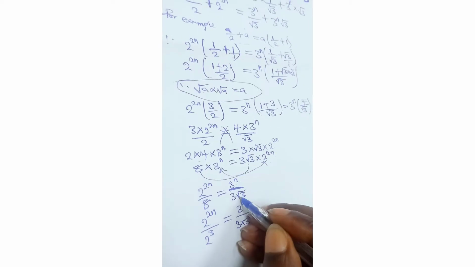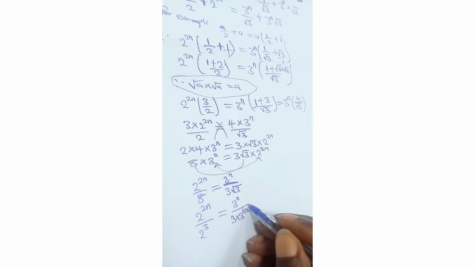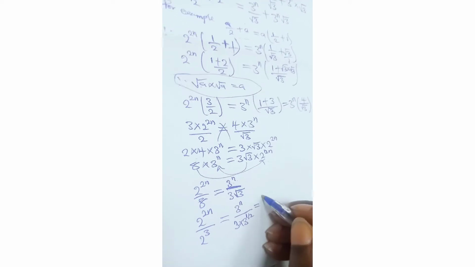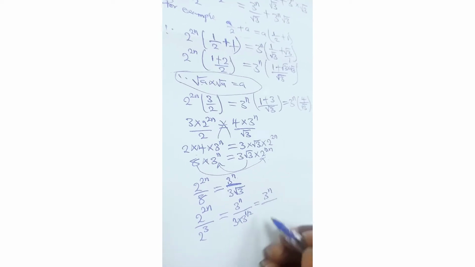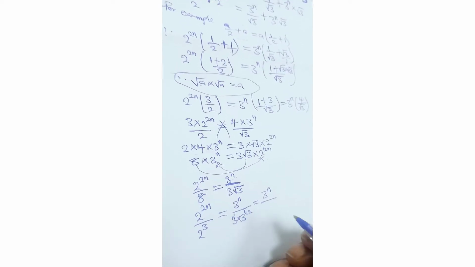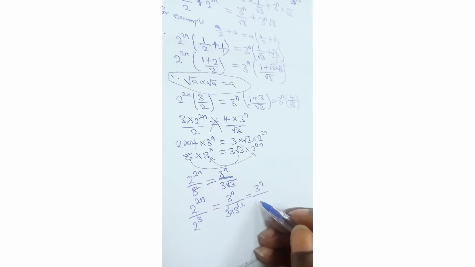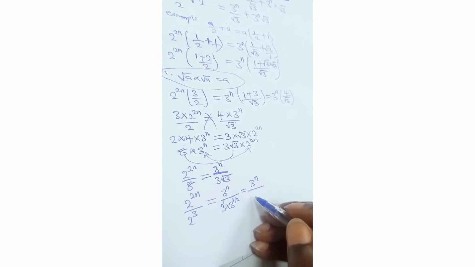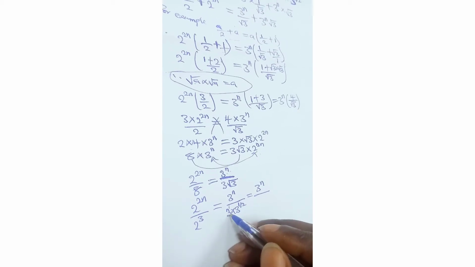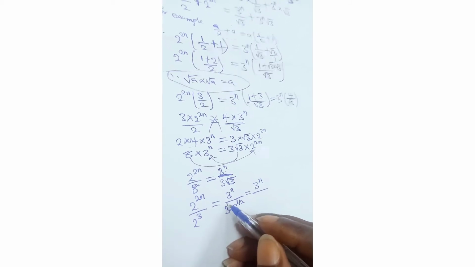This root changes back to 1 over 2. Now at this junction, this is going to be 3 raised to power n over, if you pick one, remember there is always 1 on this one. So any number standing alone is to a power of what? 1. Meaning this 3 standing alone here is to a power of 1.